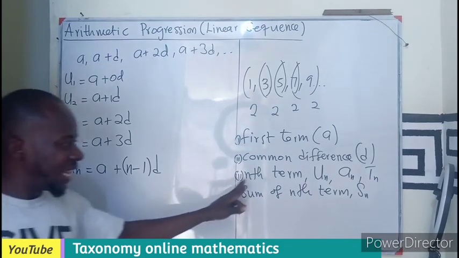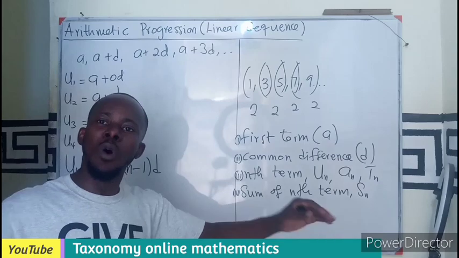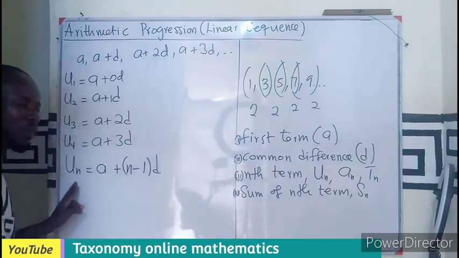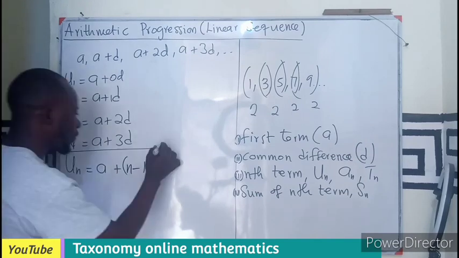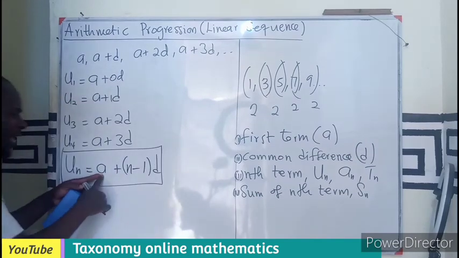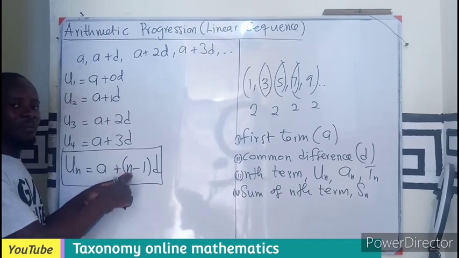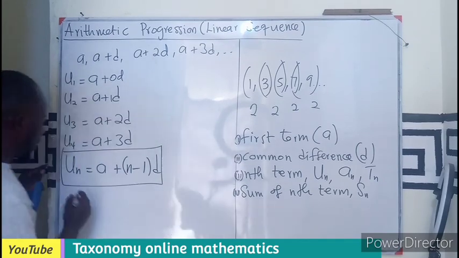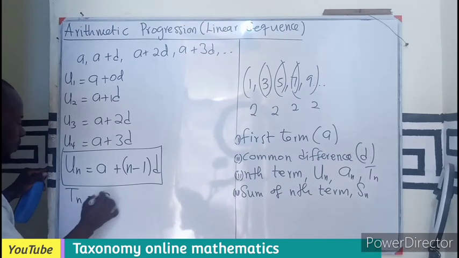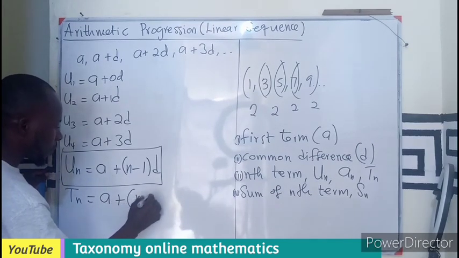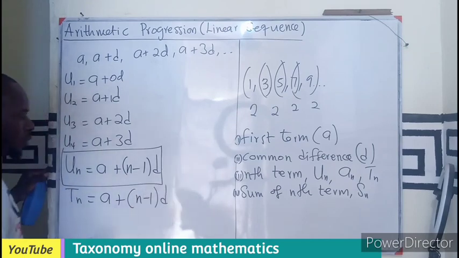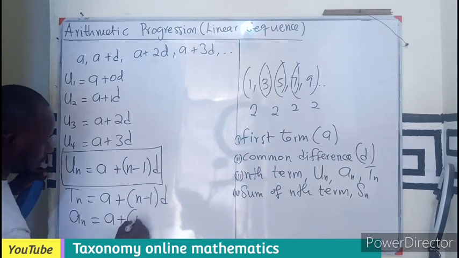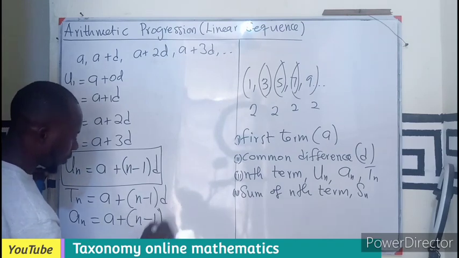So that simply means that if you are looking for the nth term of any AP or a linear sequence, it is going to be given by this formula, where A stands for the first term, n stands for the number of terms, and D for the common difference. If you are using T, it will be the same thing, or if I'm using the subscript n.